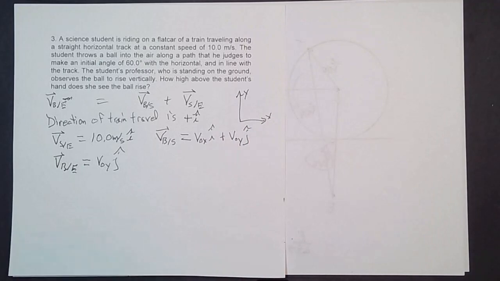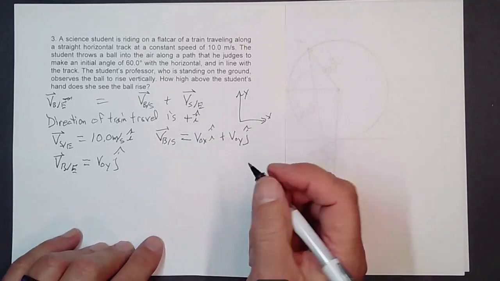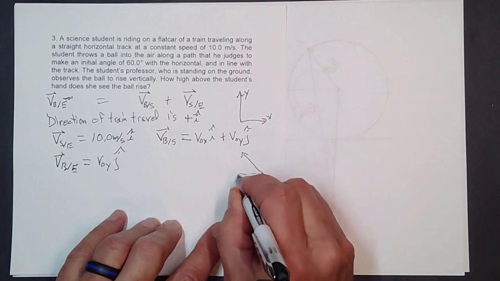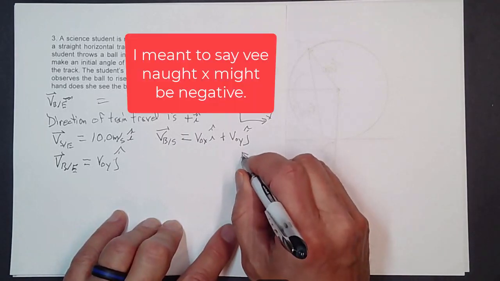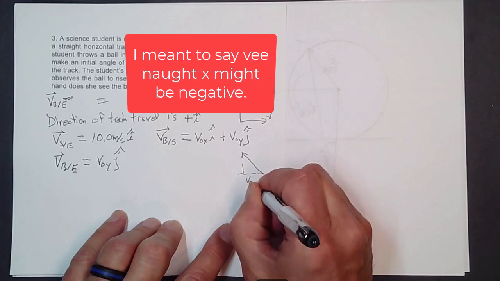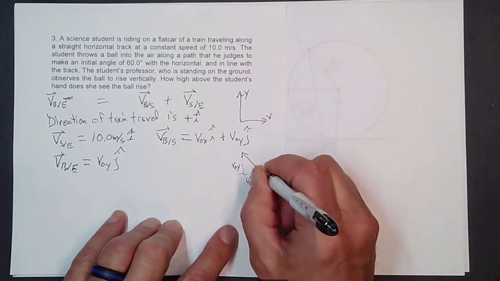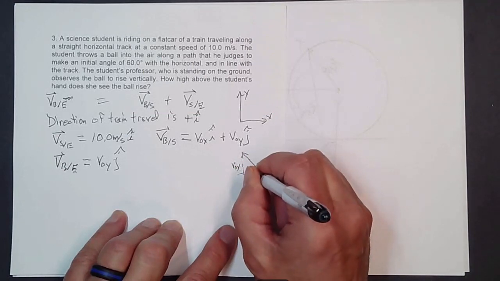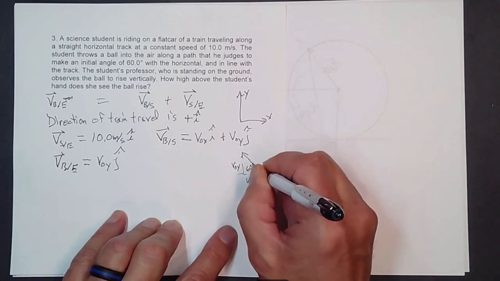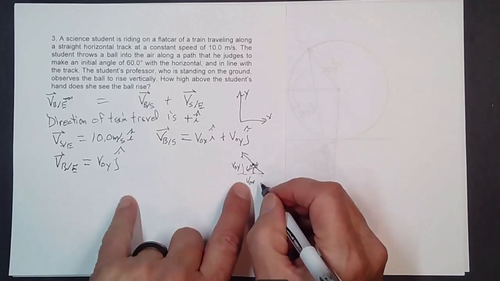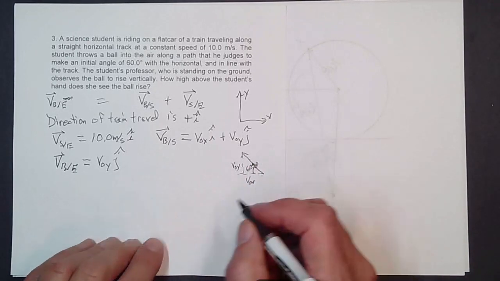And the direction is such that I'm going to kind of guess that it's going back in that direction, and so v naught x might be 0. There'd be a v naught x and a v naught y and a 60.0 degree angle. So v naught y over v naught x is going to be the tangent of 60.